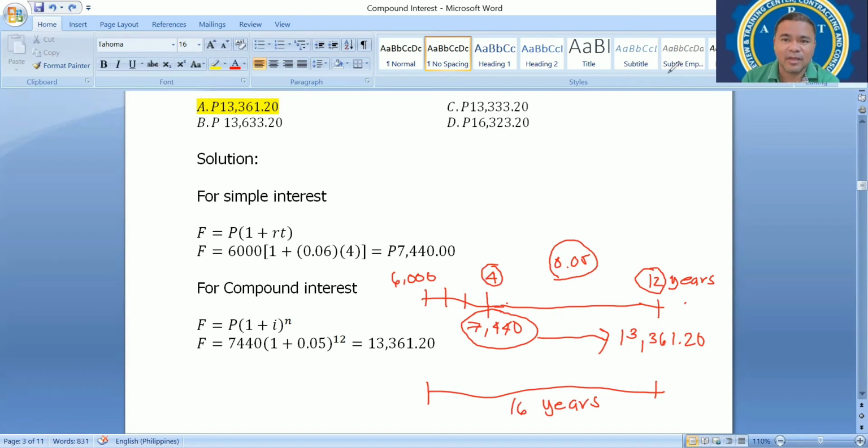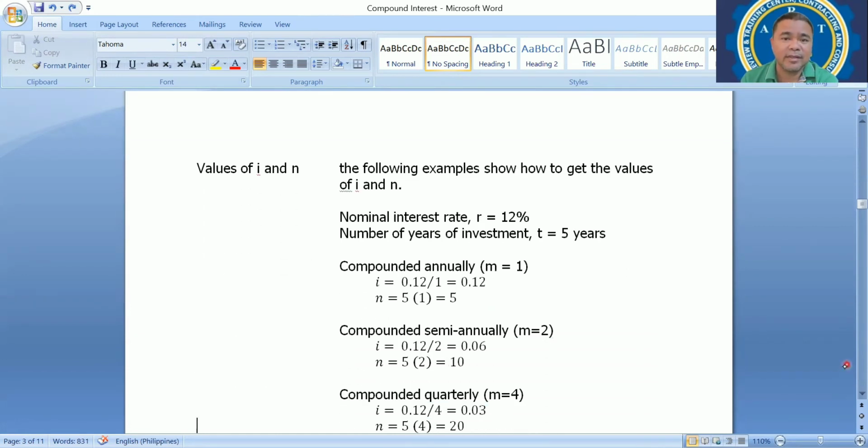Okay, clear. Now the values of i and n. We have to focus on this, because if you mistake the values of i and n, you cannot get the correct answer to the problem.